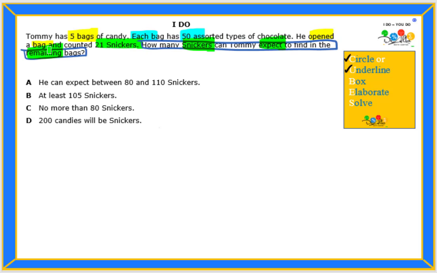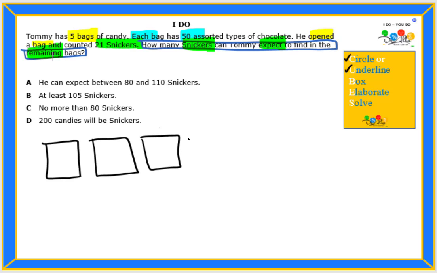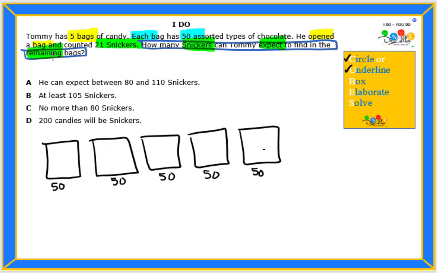Let's start by drawing a sketch or picture. So I have 5 bags of candies, and each bag holds 50 chocolates. So a total of 50. And Tommy opens one of the bags. He opened a bag.